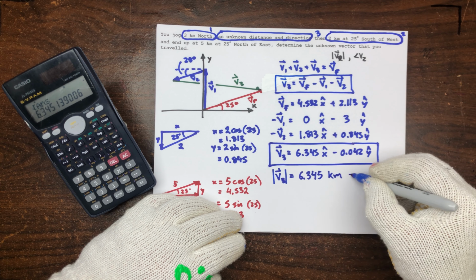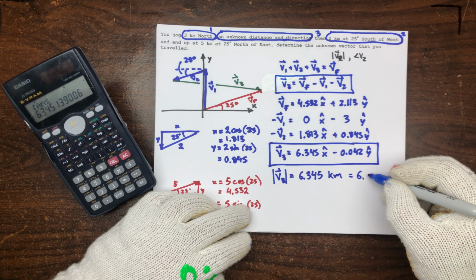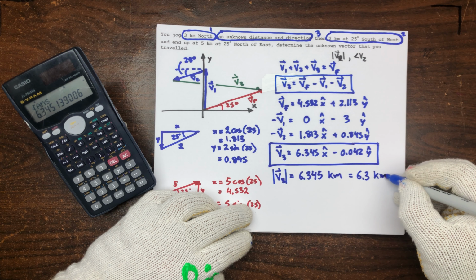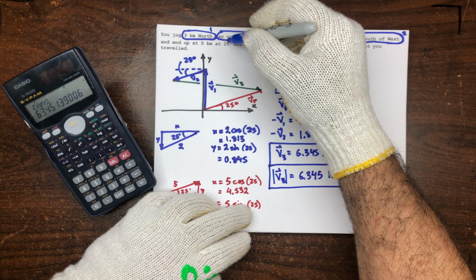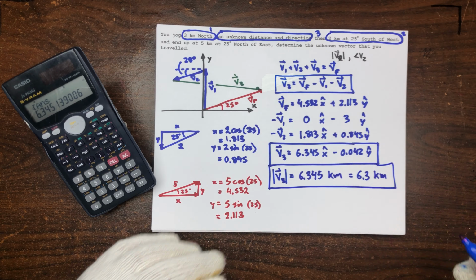That's a little too much. I would make it 6.3 kilometers. That's a better answer. The question was given to me in 1 or 2 sig figs, so I can give it back in 2.